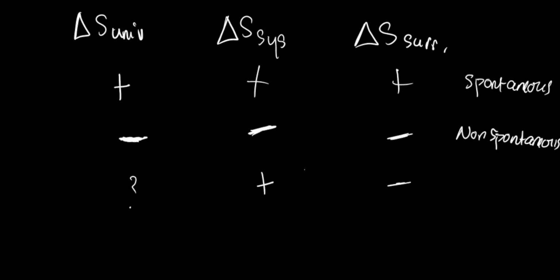In a case where we have this to be negative and this to be positive, the condition still applies. If that of the surrounding is much larger than that of the system, then of course it would be a spontaneous reaction, but it's still questionable. So this is basically the interplay of the sign conventions that determines whether a reaction would be spontaneous or non-spontaneous.